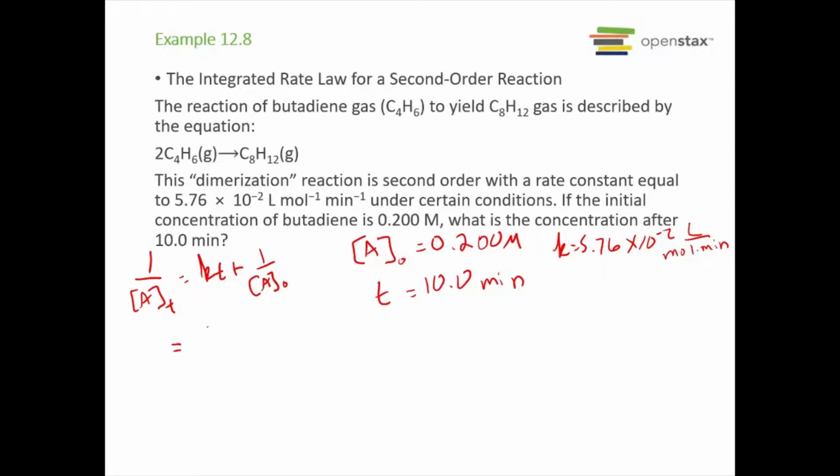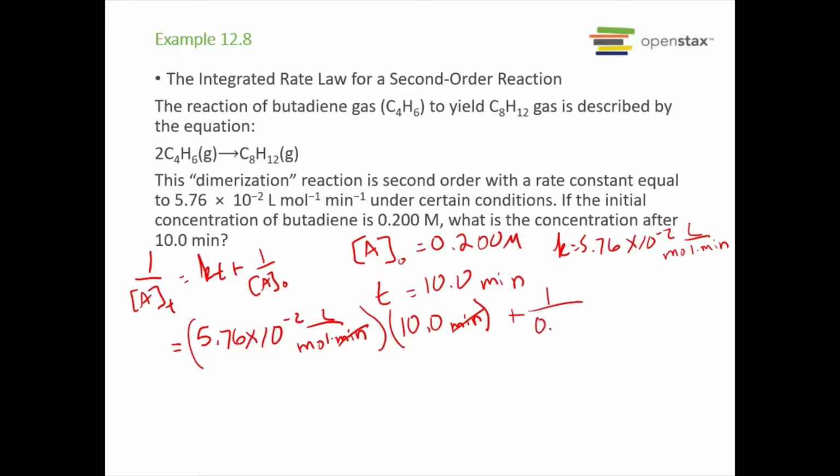So now plugging and chugging, we get 5.76 times 10 to the negative second liters per mole minute times our time of 10 minutes. And you can see the minutes there cancel. And we're adding to this 1 over 0.200 inverse moles.